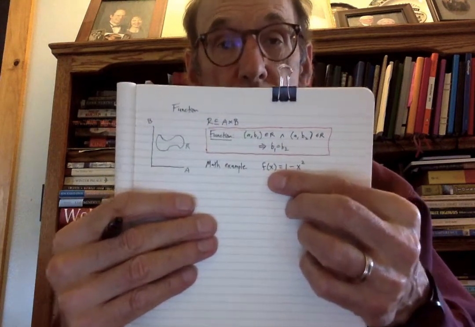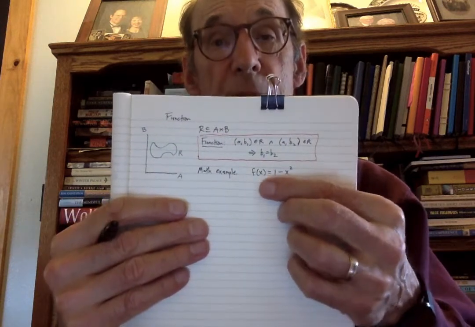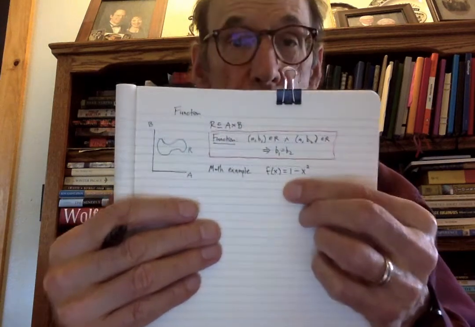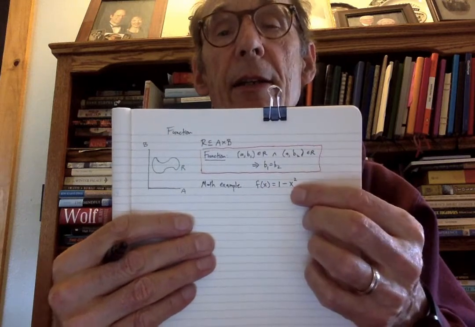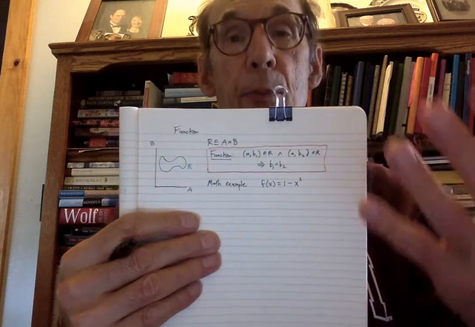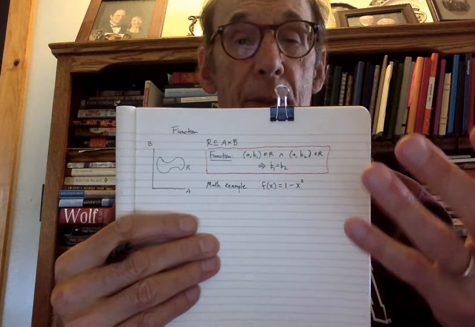Usually from context or explicitly, you know what set x is from, and it's usually the real numbers, and the other half of the pair corresponding to x is 1 minus x squared. So this function that we've used the standard function notation for. Really, if you wanted to write it as a set, this is the set of all pairs (x, 1 minus x squared), and I'll just make x be a real number.